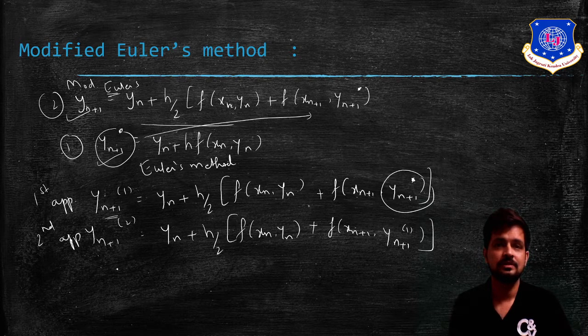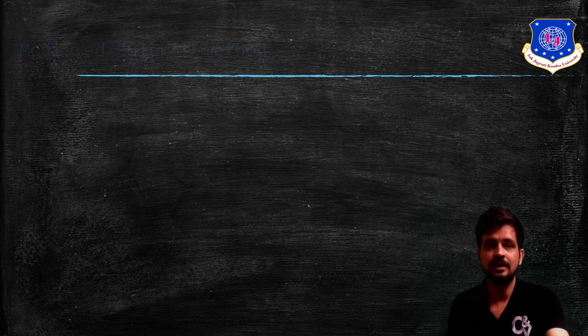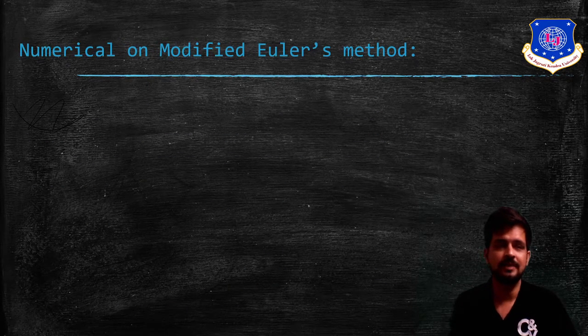So this is the formula of the modified Euler's method, and we are trying to reduce the errors with its help. Let us take one numerical on this basis. This is the given numerical.